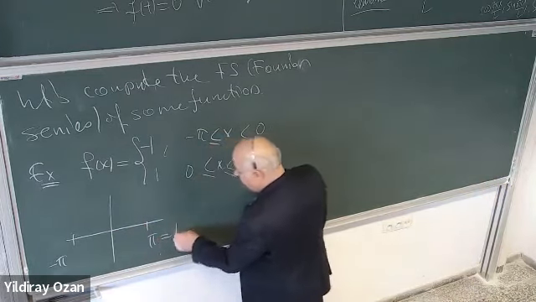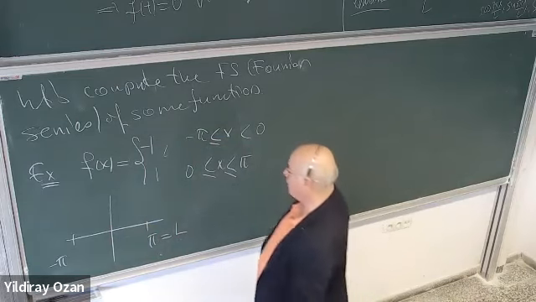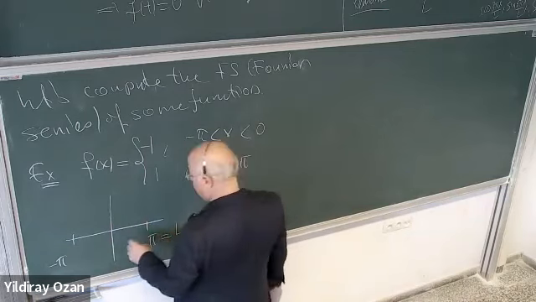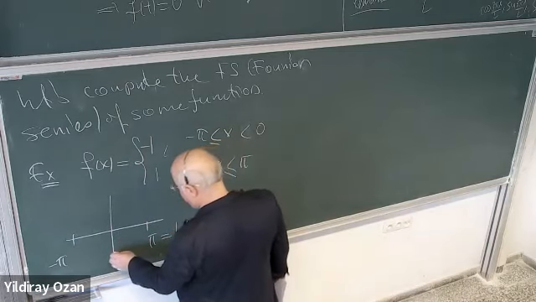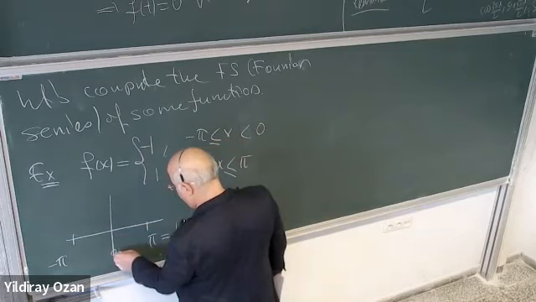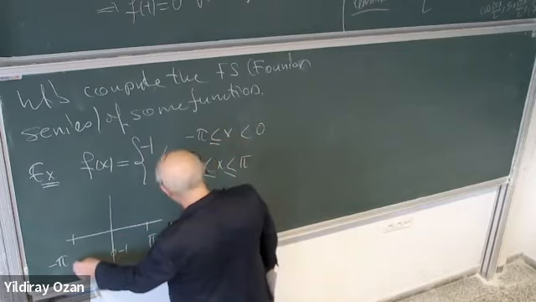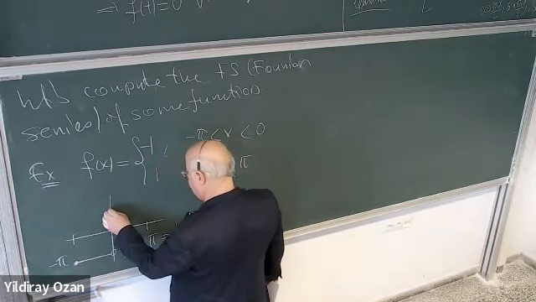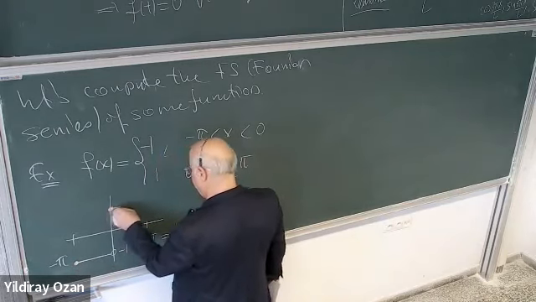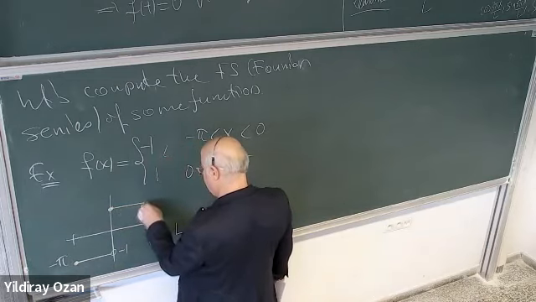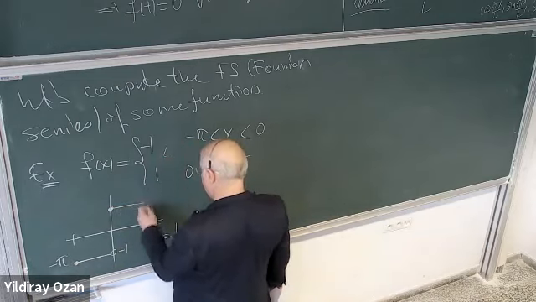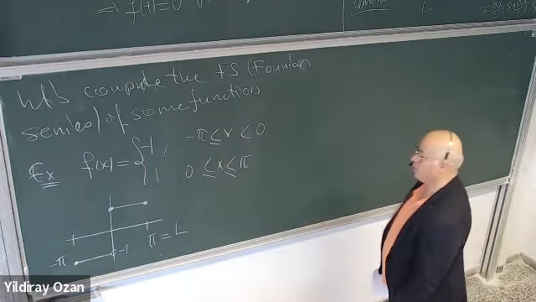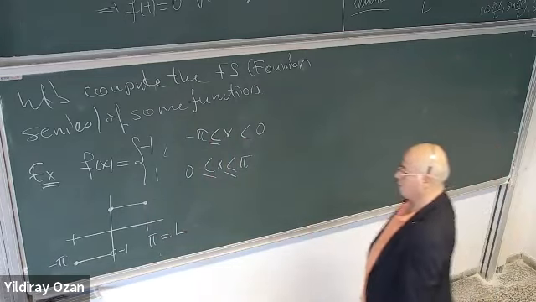So our L is, let's say, pi, and the function is -1 up to 0. And from this point to here, it is 1.